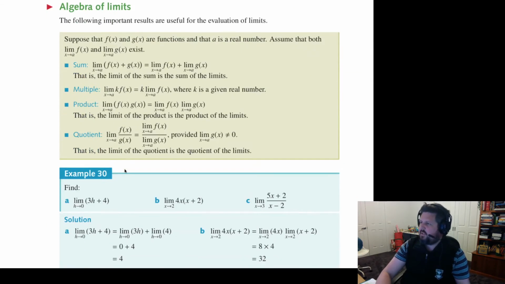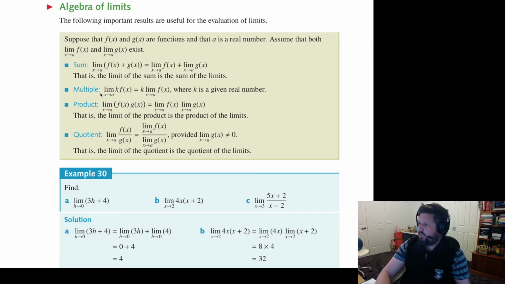Some of the other things that you need to know with regards to the algebra of limits are the following rules. If you are dealing with the sum, that is, you're trying to find the limit as x approaches a value for different functions added together, then it's the same as working out the limit of the first function plus the limit of the next function.